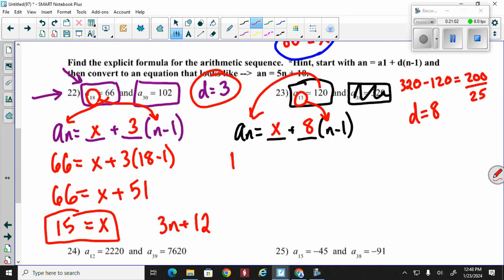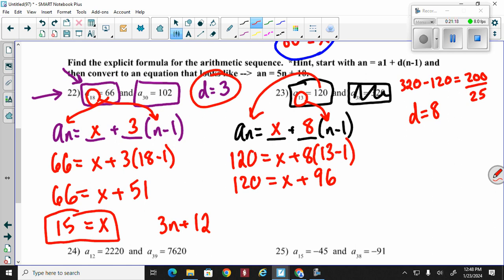So that ends up being 120 is equal to x plus 8 times 13 minus 1. All right, so 120 is equal to x plus, let's see, 8 times 12, I believe is going to be 96. Subtract 96, x is equal to 24.